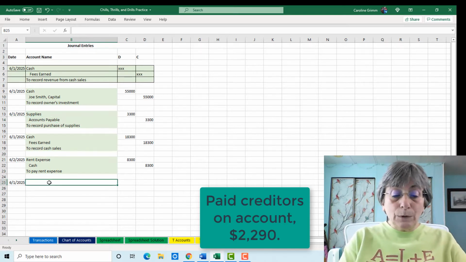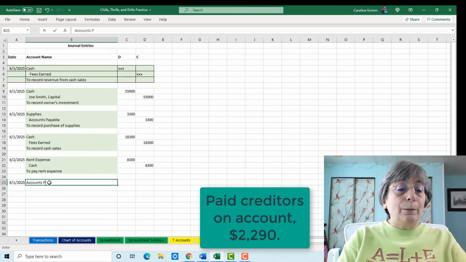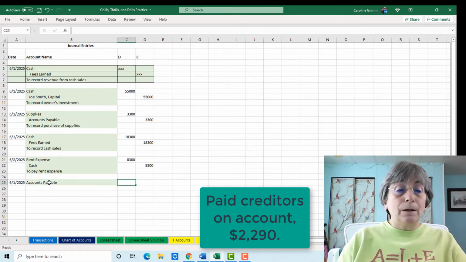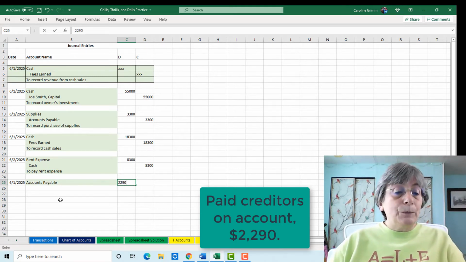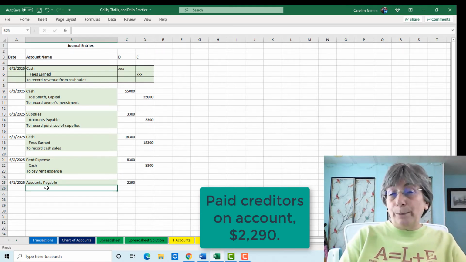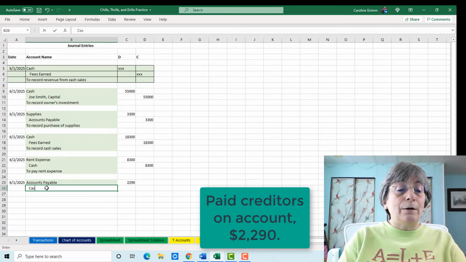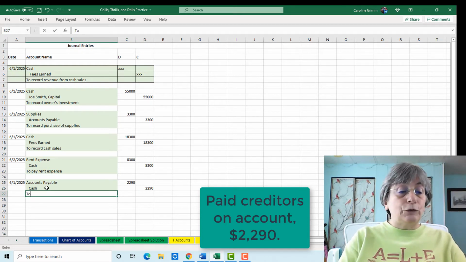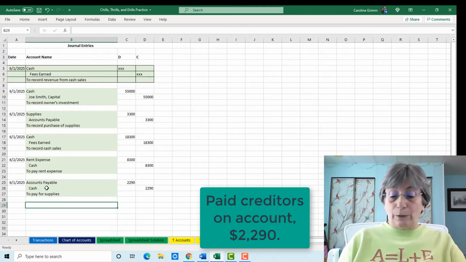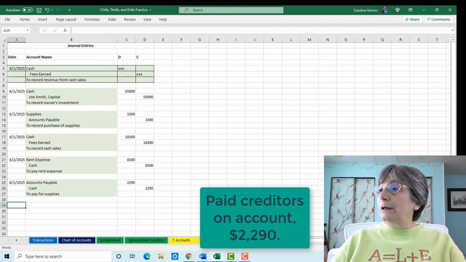Okay? So accounts payable, we're going to reduce it by $22.90, debiting it. And how are we paying for this? Well, it's coming out of our cash account, so we need to decrease our cash by $22.90 as well. This is to pay for supplies or something along those lines.